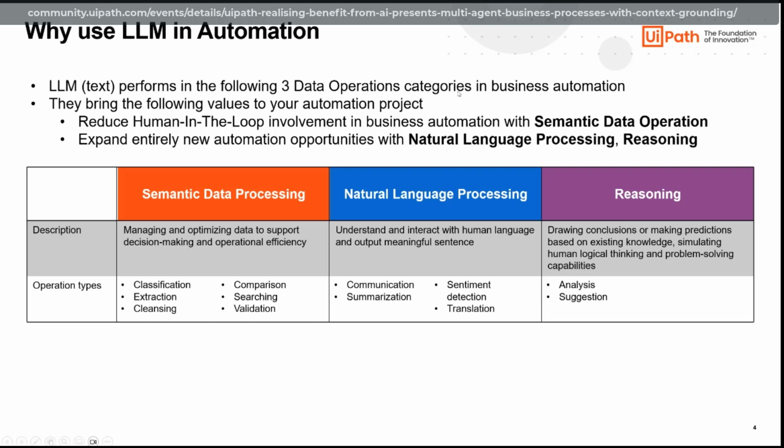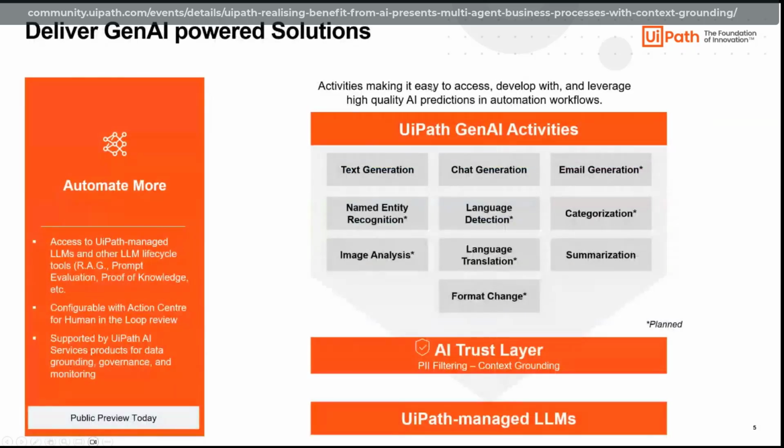And context grounding, also known as RAG, is one way that we can help move this forward. So where does it sit in? Well, we have a set of activities that we use in our design studio, which we'll see in a moment, called the generative AI activities. These are just a really easy way to drag, drop, and configure generative AI capabilities into your business workflows.